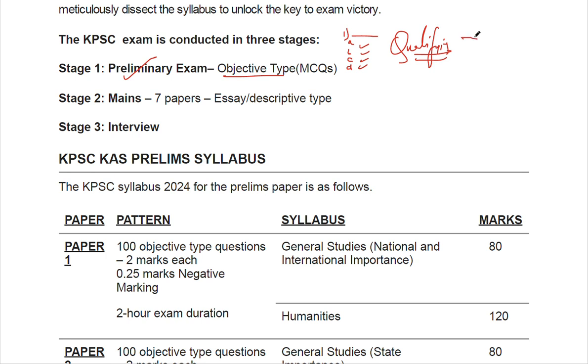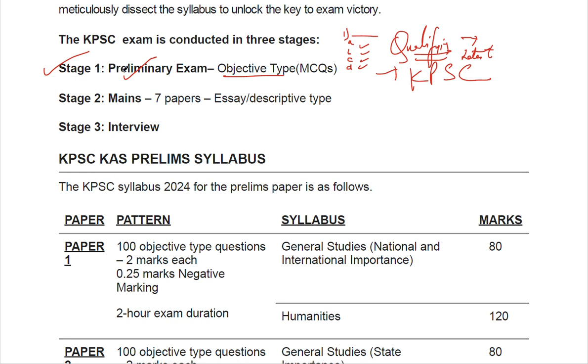To stay updated, we have to refer to the latest notification, because sometimes the KPSC Commission makes changes to the qualifying marks or papers, so we always have to refer to that year's notification or any changes mentioned by the KPSC. I hope till here it's clear.